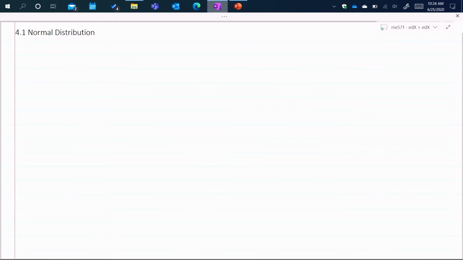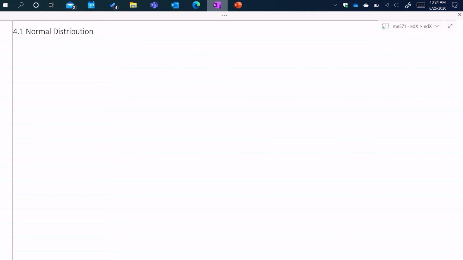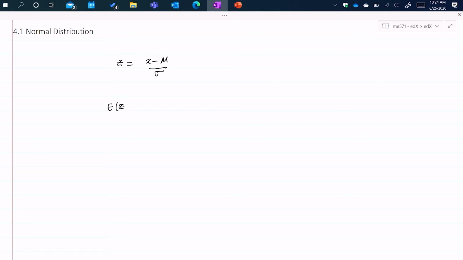So let me go through and show you what the standard normal variable transformation does. Z is x minus mu over sigma. If I were to ask what is the expected value of z, what is the mean value of z, that is nothing but the expected value of x minus mu over sigma, which is 1 over sigma, because sigma is a constant, times the expected value of x minus mu.